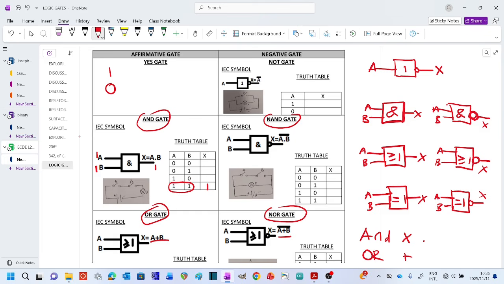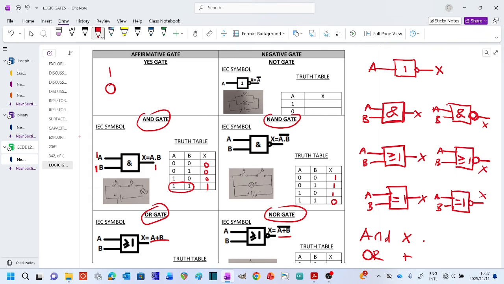The rest is going to be zeros. If only one of them has a different logic, it's zeros everywhere. NAND is going to be the opposite. Where you obtained a 0, it's going to be a 1, and where you obtained a 1, it's a 0.